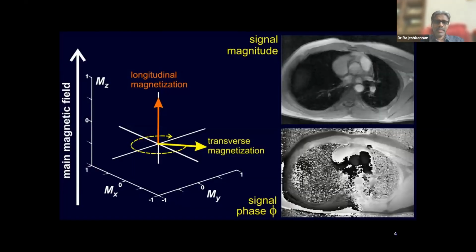Going to the physics part of it, as we have discussed so far, in MRI we discussed the longitudinal magnetization and the transverse magnetization and how the image is formed. In conventional MR imaging, the signal intensity or gray scale of any pixel is mainly based on the signal strength of the transverse magnetization, which is represented as different gray signals.